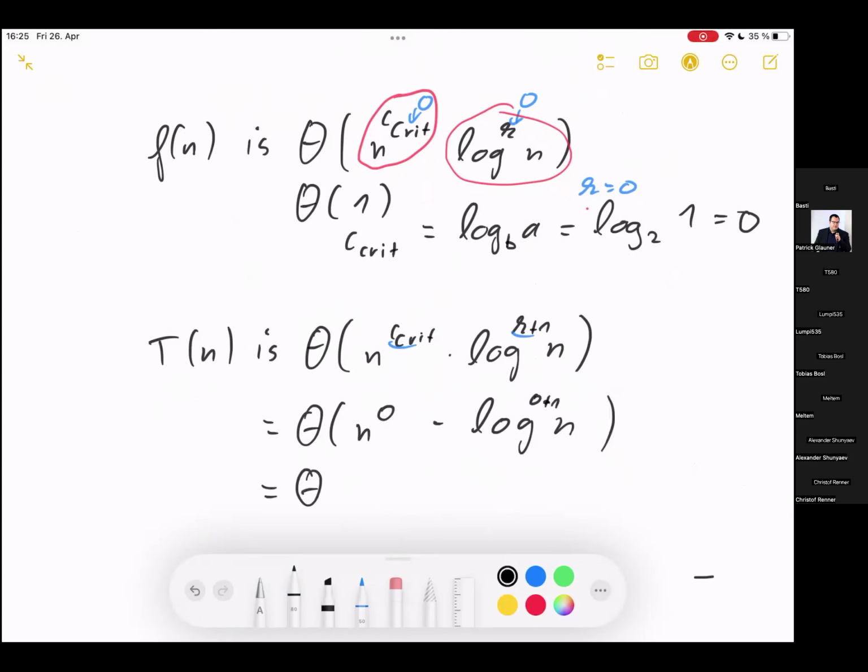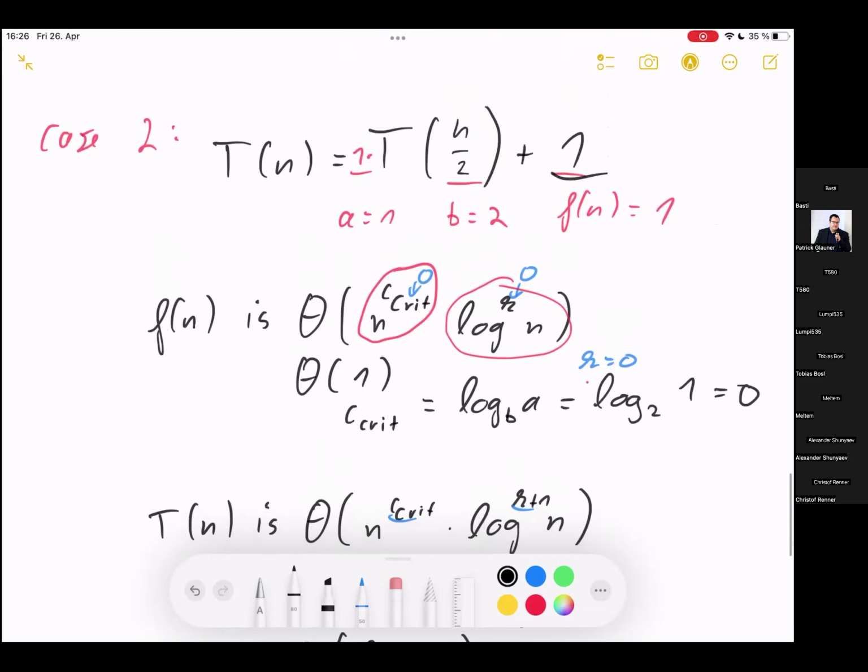This means it's just theta of 1 times the log of n raised to the power of 1. So just log of n. So we see this is fairly doable, and we don't need to manually solve these recurrence relations.